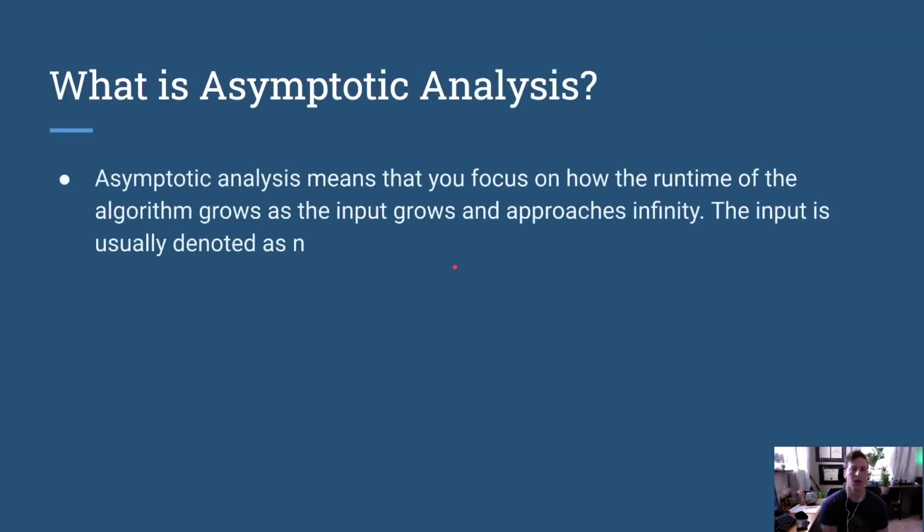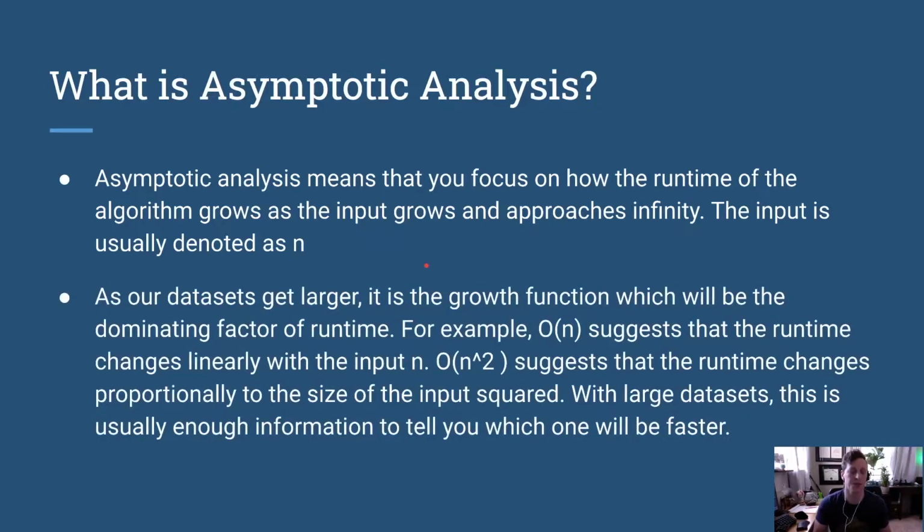So first of all, what is asymptotic analysis? When we analyze the runtime of our algorithms asymptotically, it means that we're focusing on the length of time that our algorithms take to run with respect to the input data set. So as the input data set that we're manipulating grows, how much slower does our algorithm get? And it's a really broad sense too.